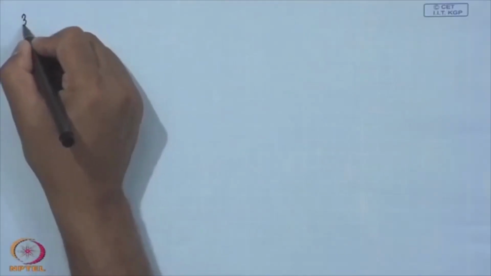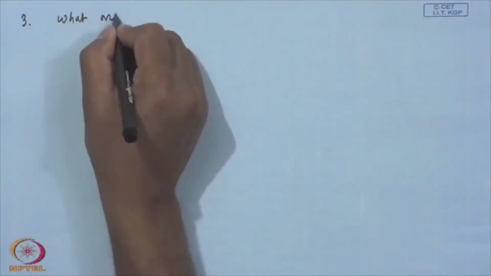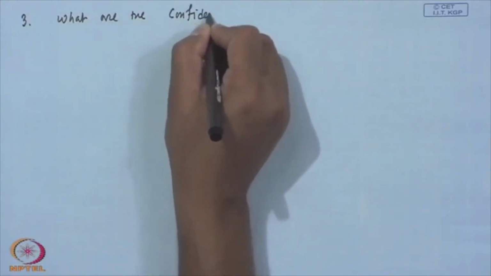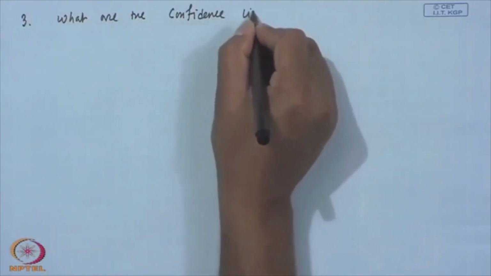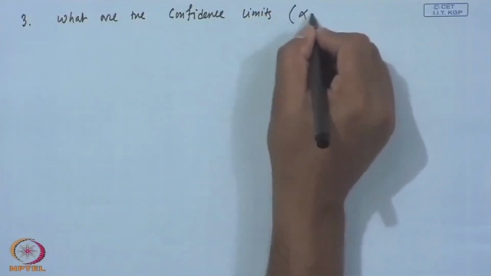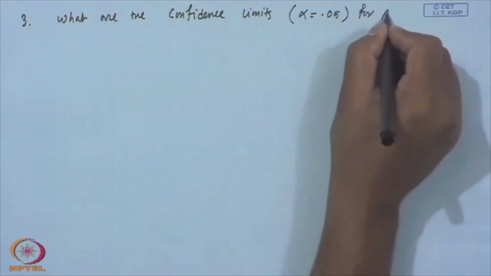So, for this one the question is, what are the confidence limits at alpha equal to 0.05 for beta 1.